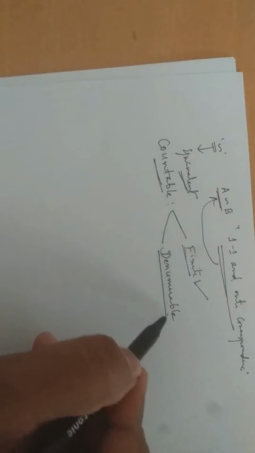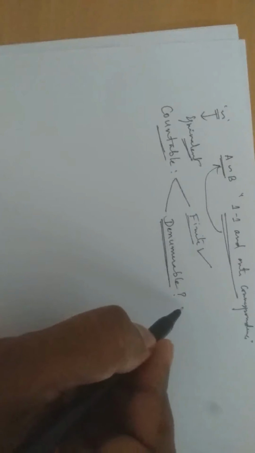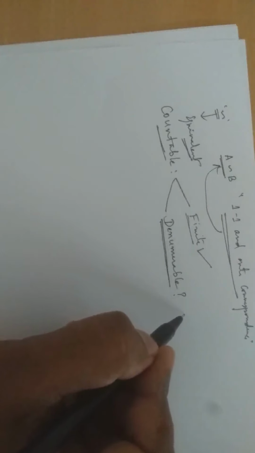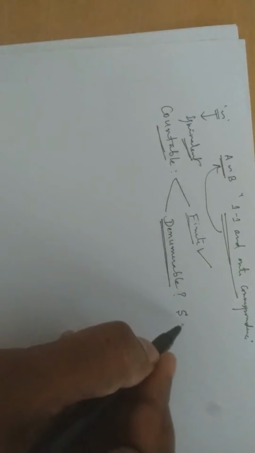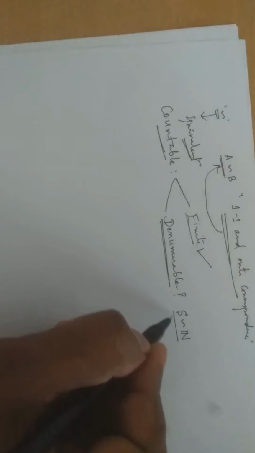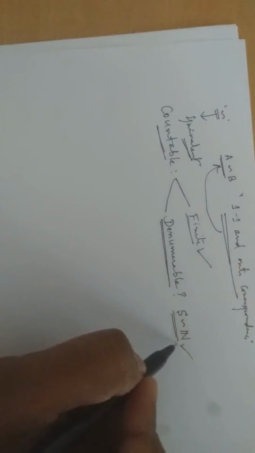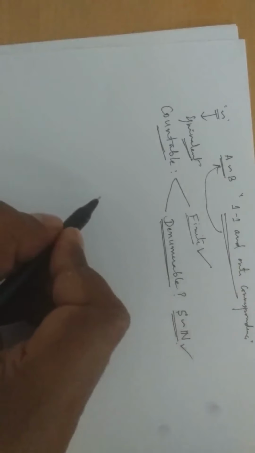But denumerable is what? Don't be panicked. Denumerable says, you take any set, let me say S is the set under consideration. If it is equivalent to the set of all natural numbers, then we say that it is denumerable. Any set, if it is equivalent to the natural numbers, we say that it is denumerable.